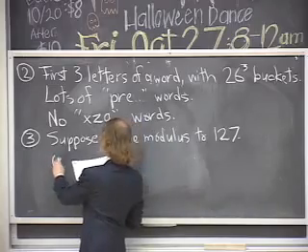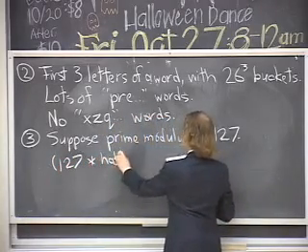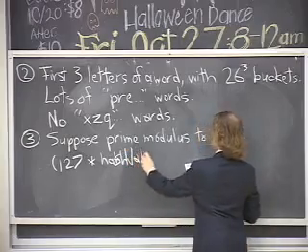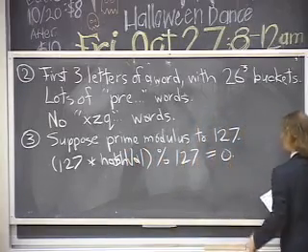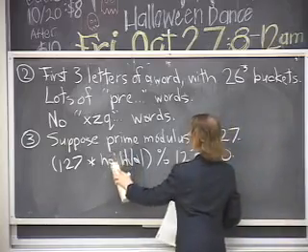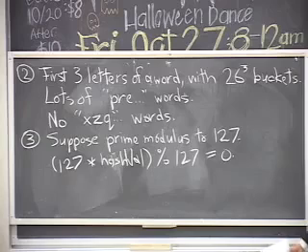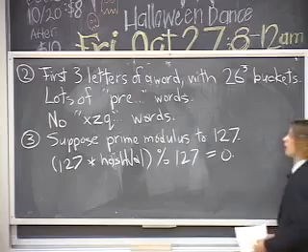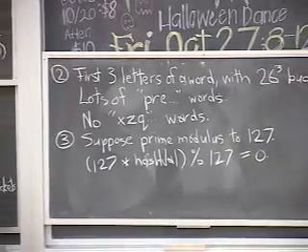Because in general, 127 times hash val modulo 127 is equal to 0. Now, that's the most obvious blundering example you can make, but there are more subtle examples you could make where maybe this isn't 127, but you choose this number and this number so that they're not relatively prime.